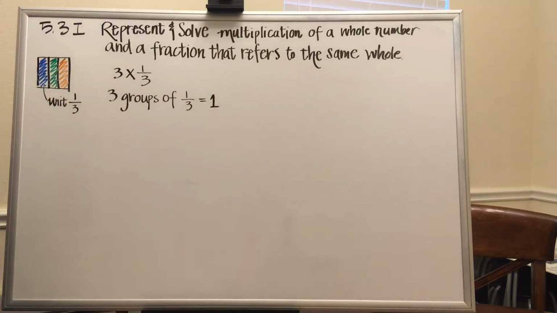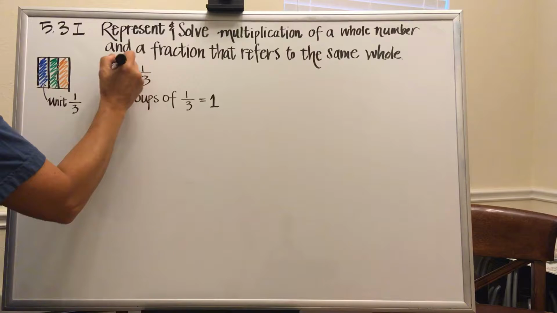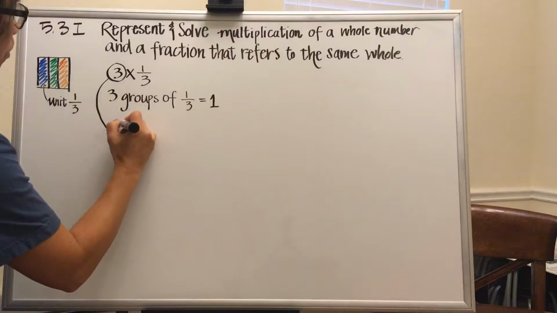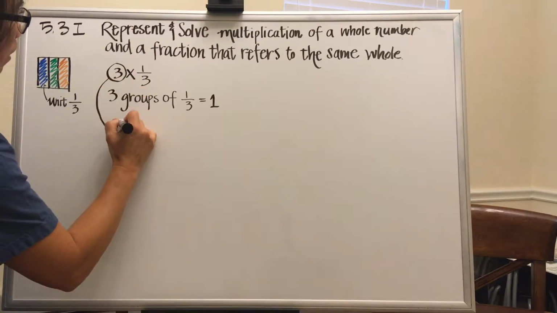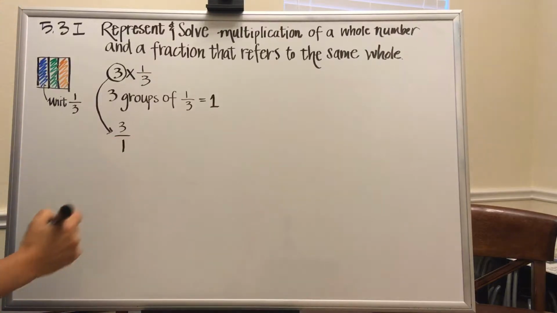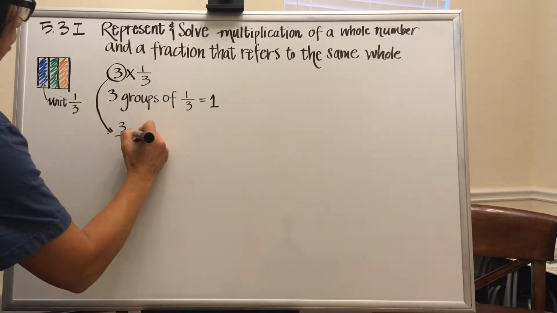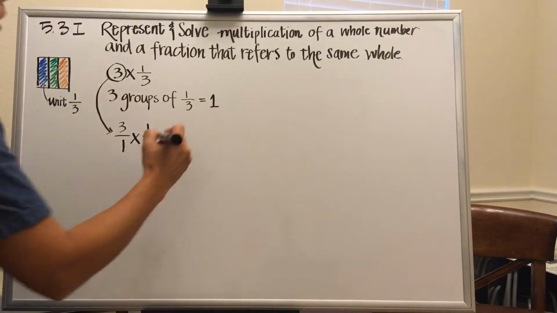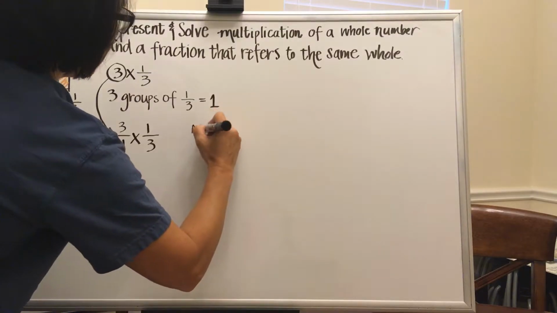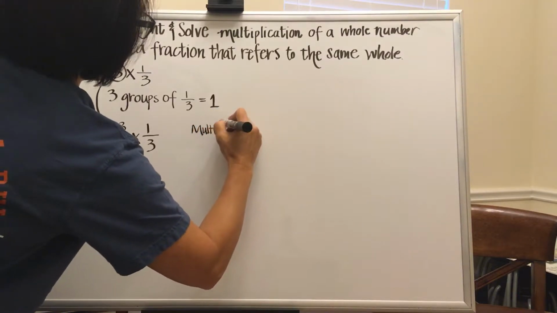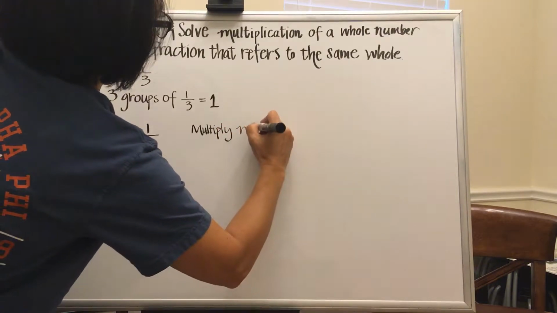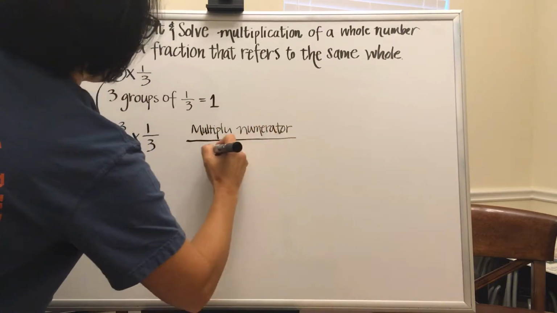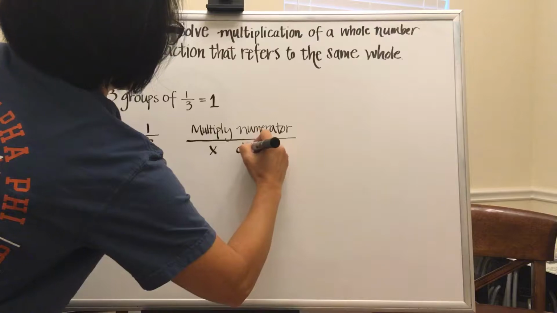Now, when we're multiplying by a whole number, we need to make sure we can represent our whole number in fraction form. So instead of drawing, we can also turn this into fraction form. 3 over 1. That's how I'm going to represent 3 whole. I am going to multiply 1/3. In multiplication of fractions, our steps are multiply numerator and multiply denominator.